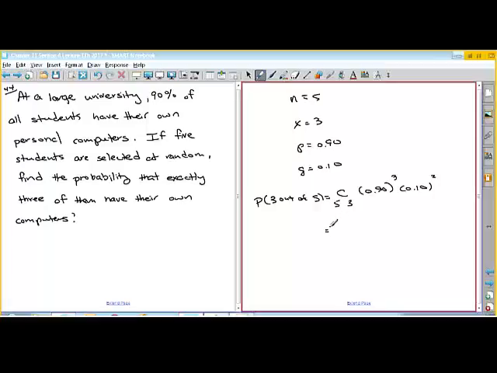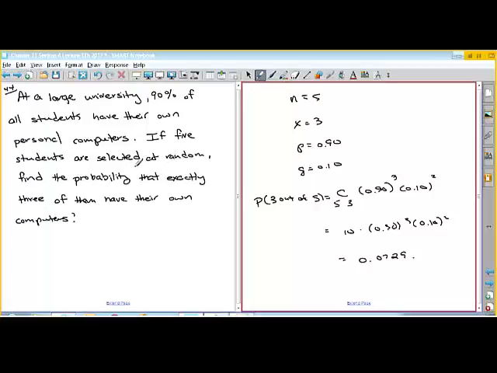So what is it? 1, 5. I think it's 10, if I remember correctly. This is 10. So you take 10 times 0.9 cubed times 0.1 squared, and I get 0.0729.